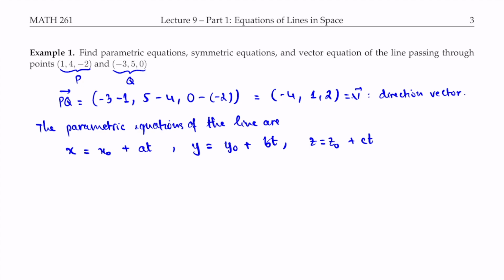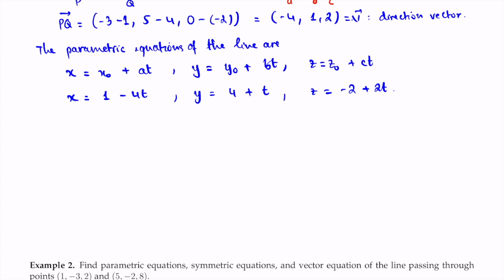I'm going to choose the point P (1, 4, -2), and the direction vector (-4, 1, 2) gives a, b, and c. So the parametric equations of the line are x equal to 1 minus 4t, y equal to 4 plus t, z equal to -2 plus 2t.